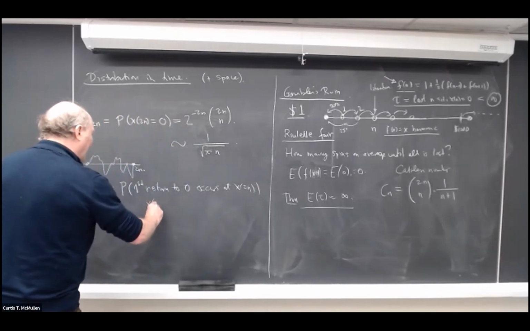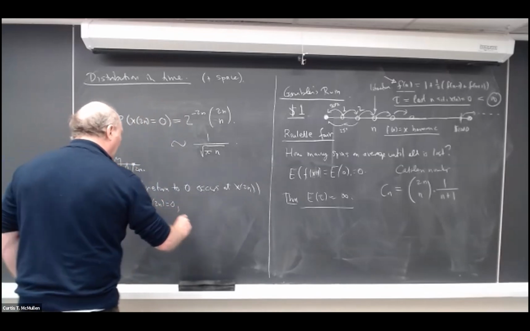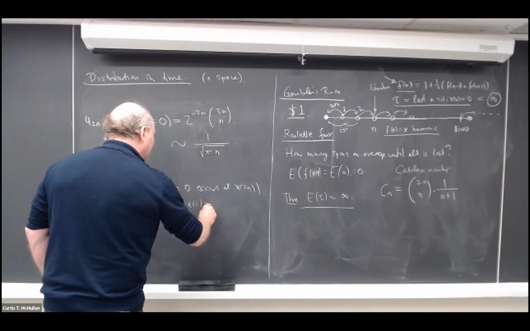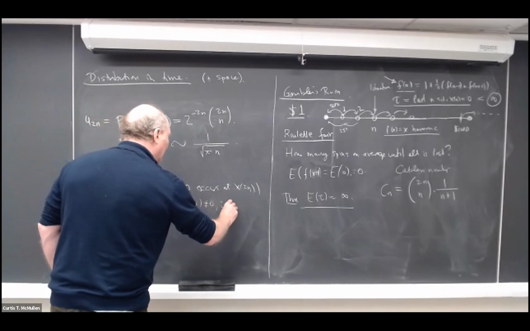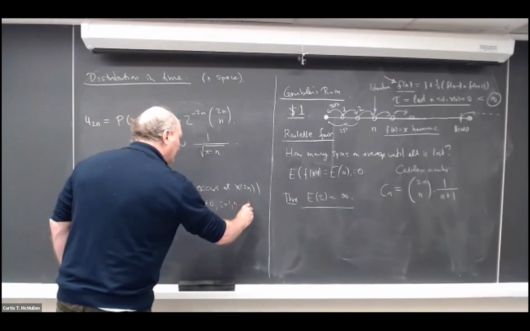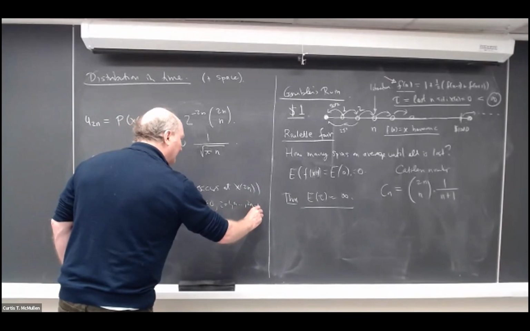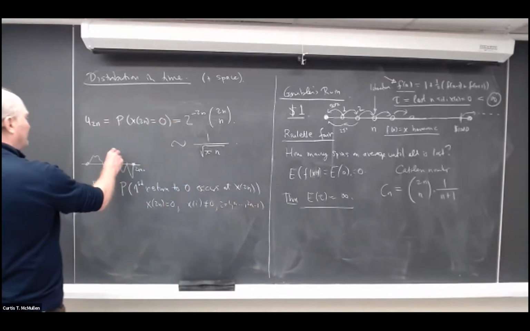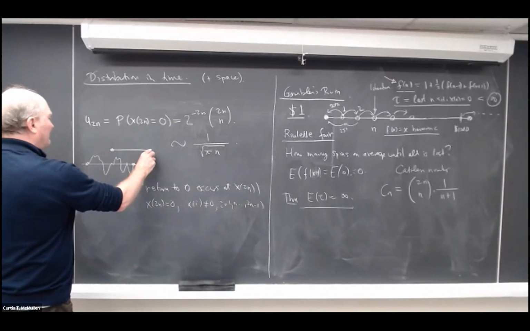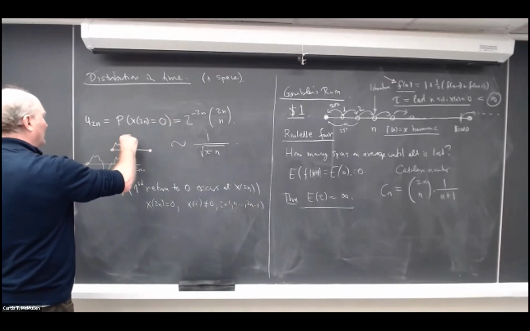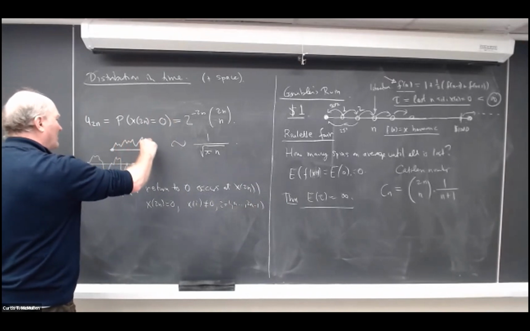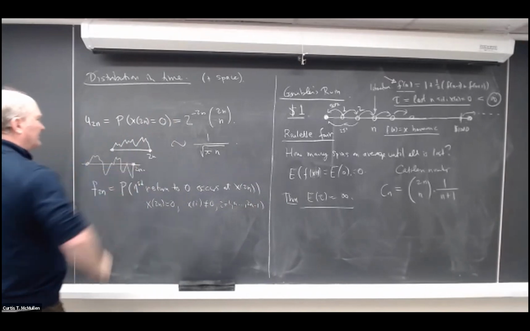So in other words, x2n is equal to 0, but xi is not equal to 0 for i equals 1, 2, up to 2n minus 1. Okay, so that's a path that has to be either always positive or always negative up to the moment when it finally returns to the origin.